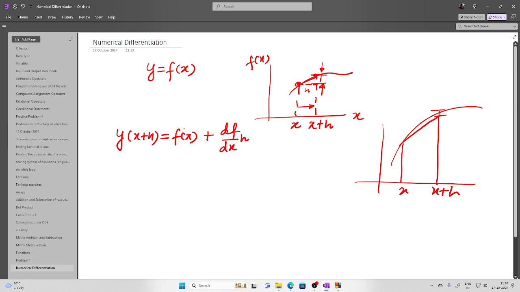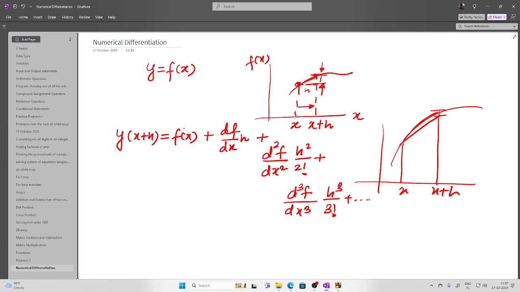So then comes the curvature in the picture. Then the second derivative, that will be h square by 2 factorial, and you increase the derivatives further. This is what we call the Taylor series.